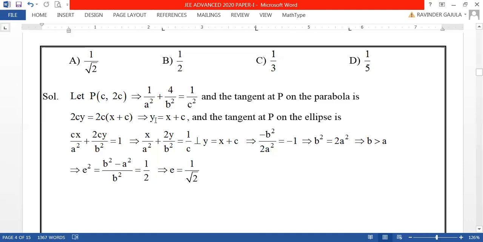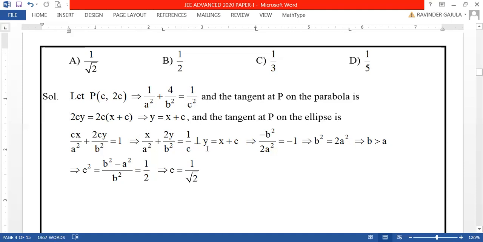Cancelling 2c on both sides, y equal to x plus c is the equation of the tangent to the parabola at P. And the tangent at P on the ellipse, also T equal to 0, that is x x1 by a square plus y y1 by b square equal to 1. That is cx by a square plus 2cy by b square equal to 1. So taking c on the right side, it is x by a square plus 2y by b square equal to 1 by c.